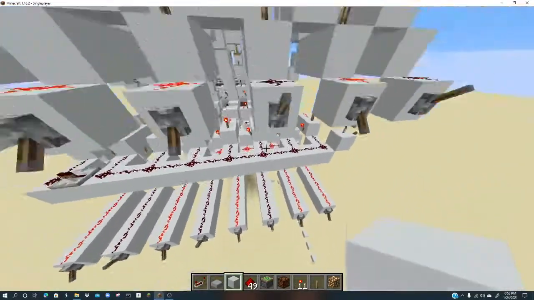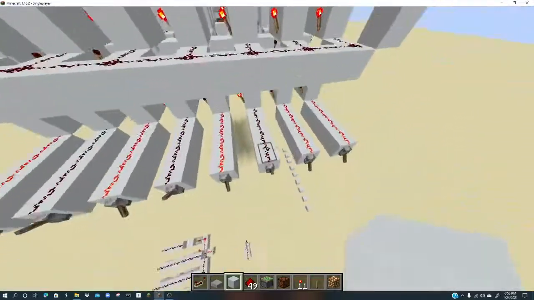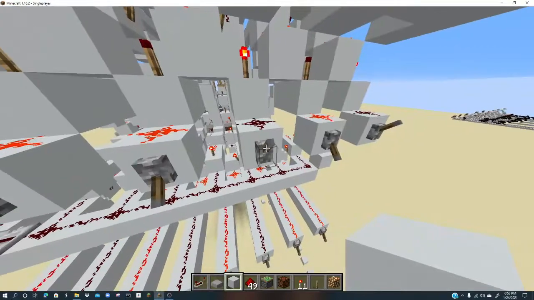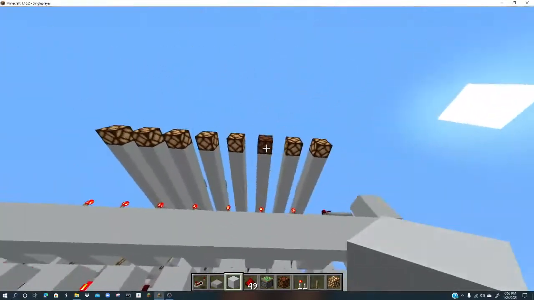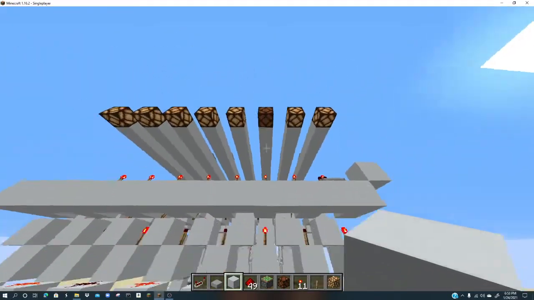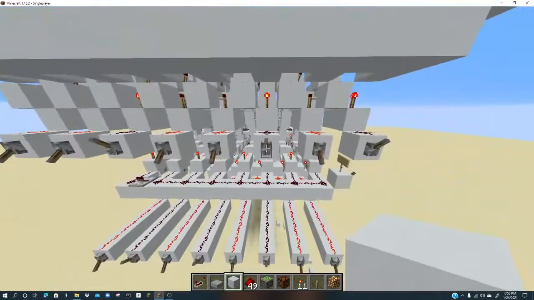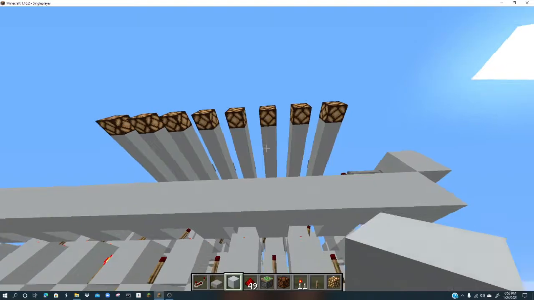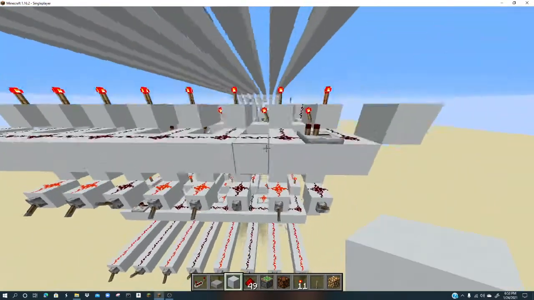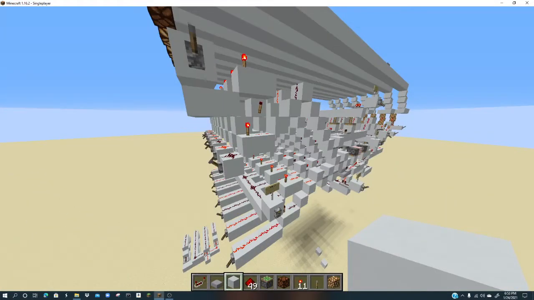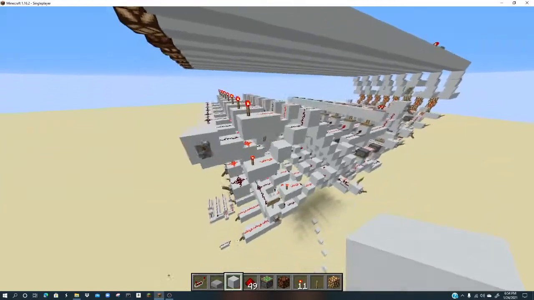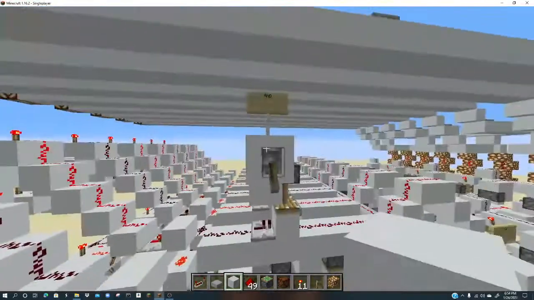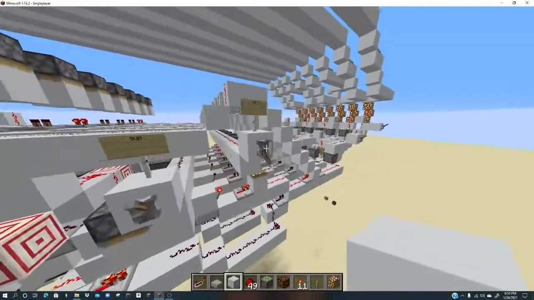The A input and the B input are both off, so the output is off there. But if we turn one on, then it will turn on. That's what that function does. It's the OR function.